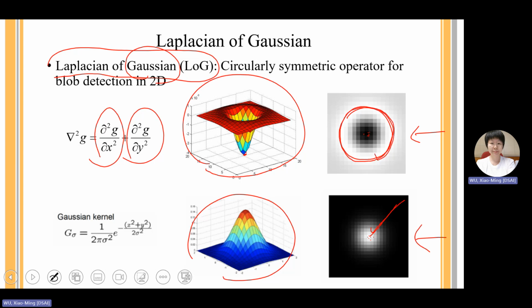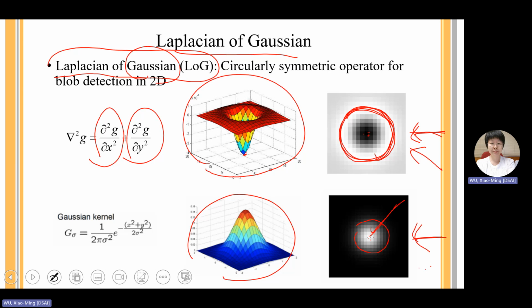Can you imagine why this function is appropriate for blob detection? Can you see a blob here? There's a blob here. But you may say that there's also a blob here. But why can we not apply Gaussian? Instead, we need to apply Laplacian of Gaussian.